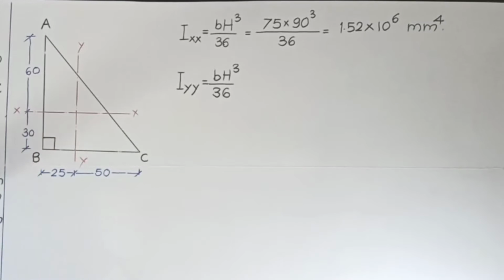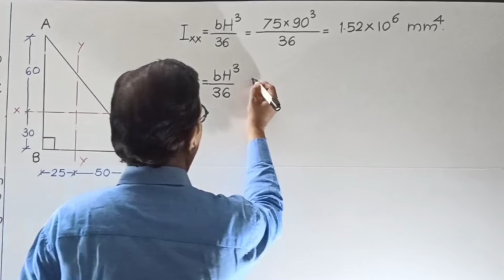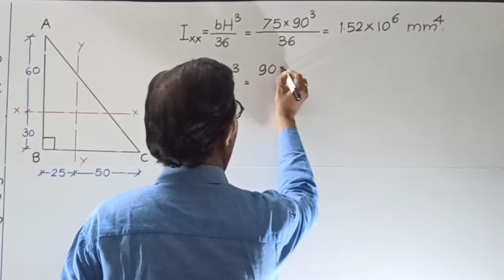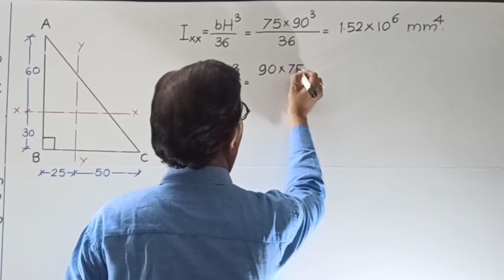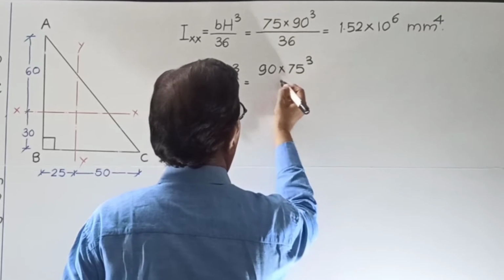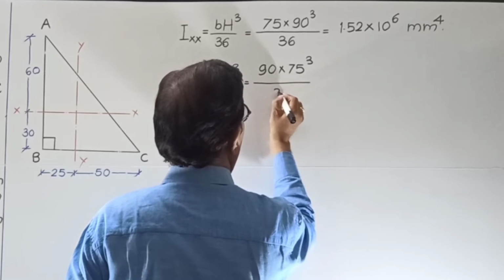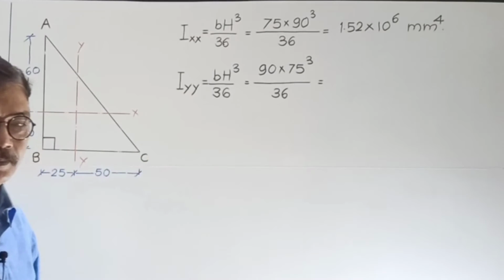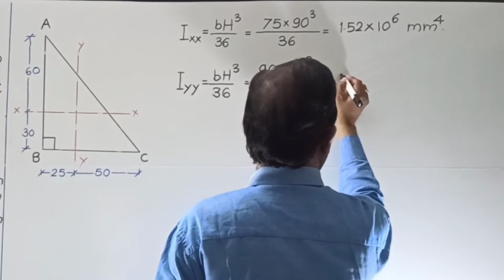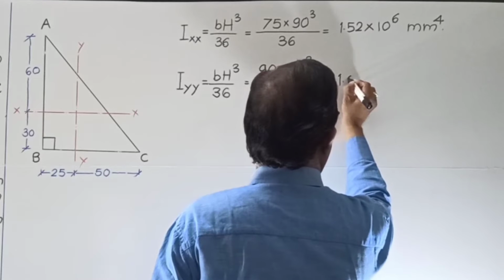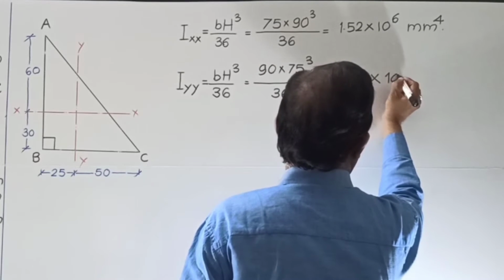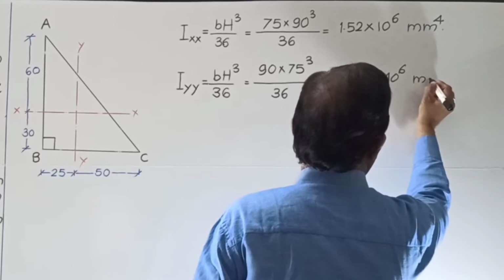So now for Iyy, B is 90 and H is 75. So it will be 90 into 75 cube of that divided by 36. This comes out to be 1.05 into 10 raised to 6 mm raised to 4.